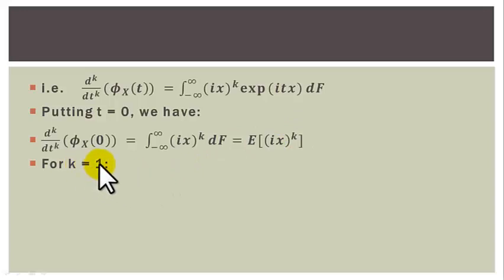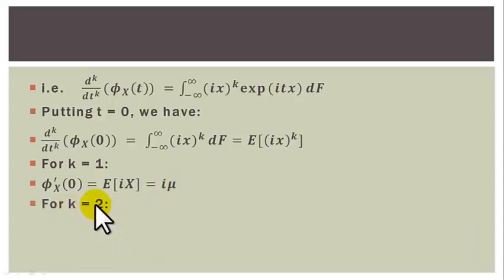Then for k equals 1, we have φ_X'(0) equals the expectation of iX. That is, when you put k equals 1 here, you have the expectation of iX, and since i is a constant, it can be taken out of the expectation sign, so that will be i times the expected value of X, and the expected value of X is μ, so this is equal to iμ.